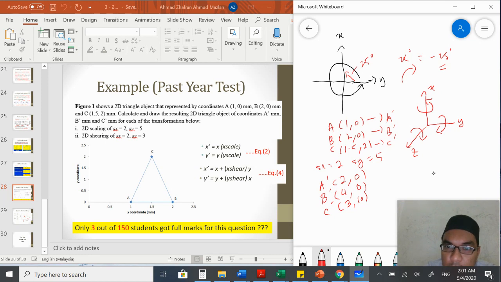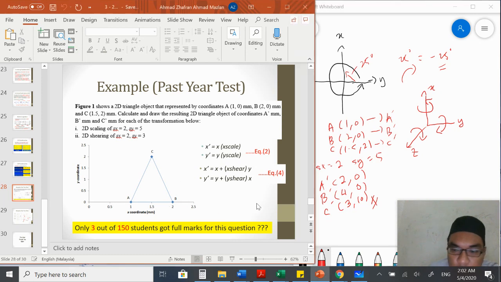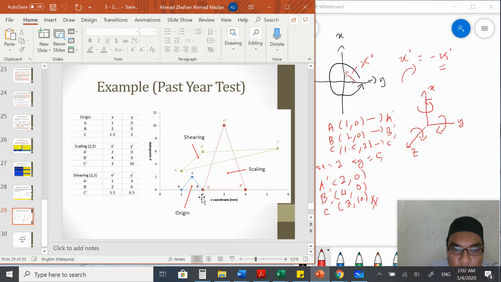So this is basically the answer, where you can plot the new scaled position using these coordinates: (2, 0) here for A, B at (4, 0), you have to draw a little bit here, and C at (3, 10), 3 here and maybe 10 here. So you will get the answer like this. This is the answer, (2, 0), (4, 0), and (3, 10). This is the resulting scaling.